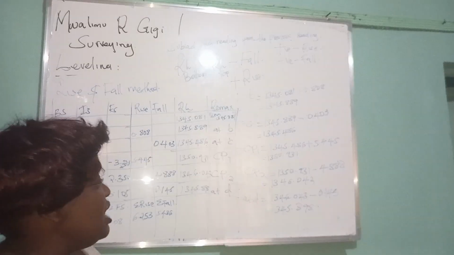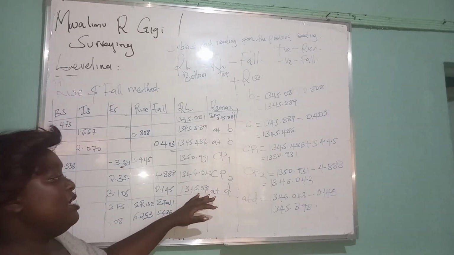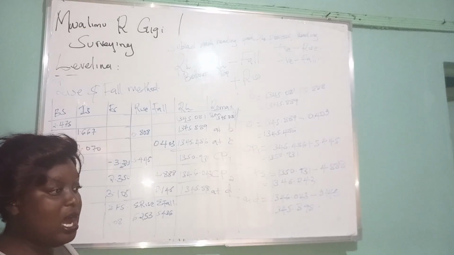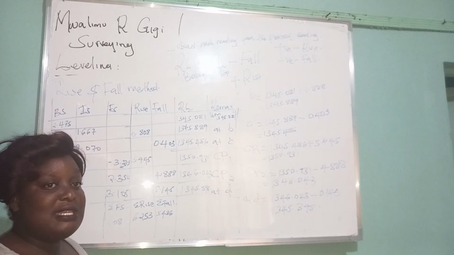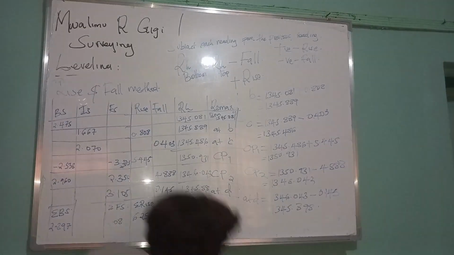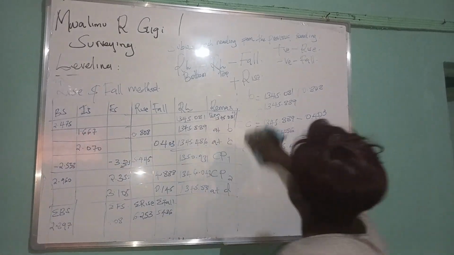So we want to check if we have done things correctly. So we want to perform the arithmetic checks.